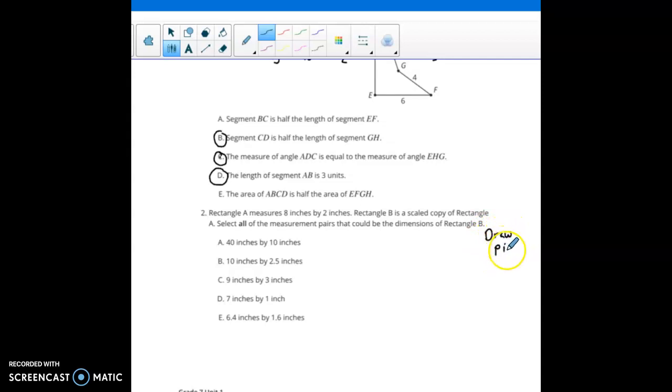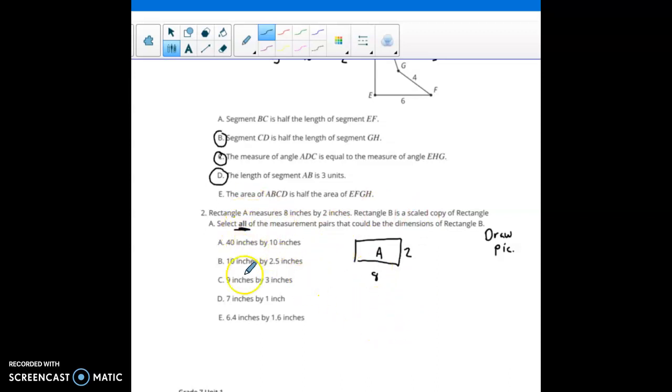So if I'm drawing a picture here, I've got a rectangle. Do my best. This is A, the original, which measures 8 by 2. Rectangle B is a scale copy, and we want to say again all of the things that are true.